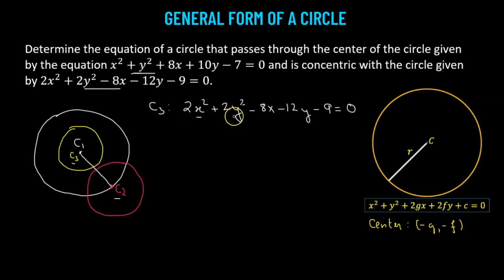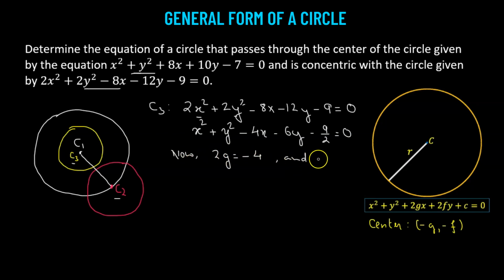Here we can see that the coefficient of x squared and y squared is 2. But in the general form, the coefficient must be 1. So we'll divide each term by 2. We get x squared plus y squared minus 4x minus 6y minus 9 over 2 equals 0. Now we can compare with the general form: 2g is going to be negative 4, and 2f is going to be negative 6.